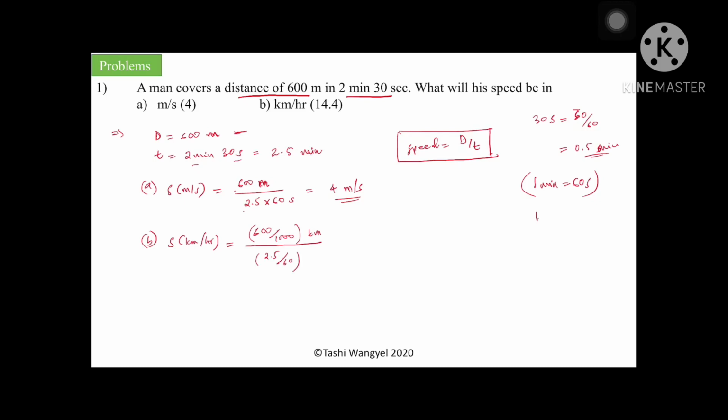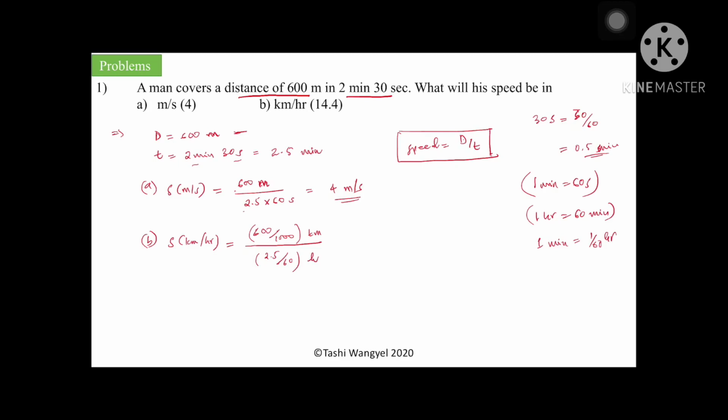1 hour is equal to 60 minutes. Therefore 1 minute is 1 by 60 hour. So 2.5 minutes is 2.5 divided by 60 hour.